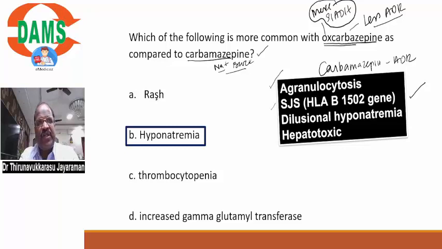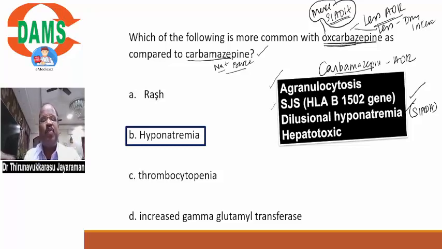It also causes SIADH, thereby risk of dilutional hyponatremia, and also hepatotoxicity. But remember, comparing to carbamazepine, oxcarbazepine usually has less ADR and is less prone to drug interaction. That's a great advantage. But only one thing, on comparison to carbamazepine, oxcarbazepine causes more SIADH, so more risk of hyponatremia. This is important.